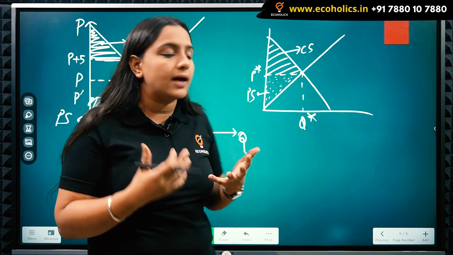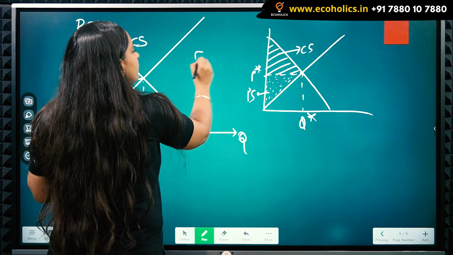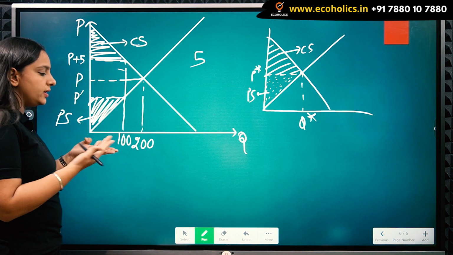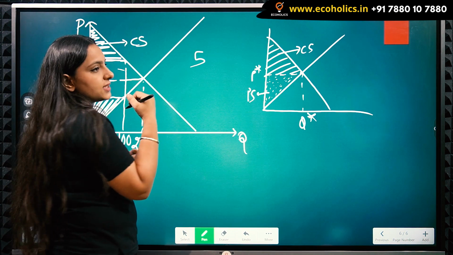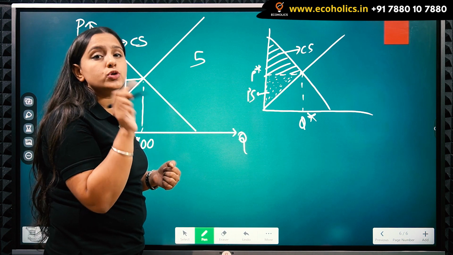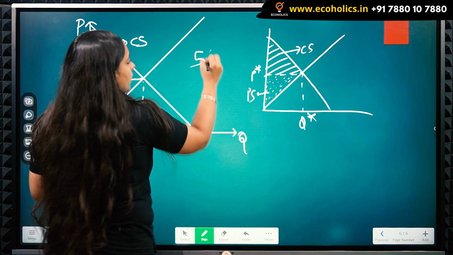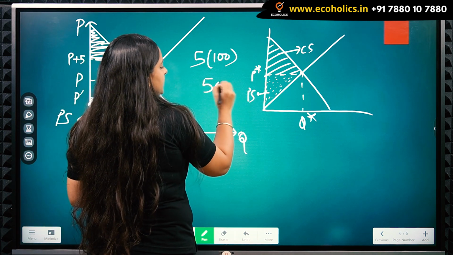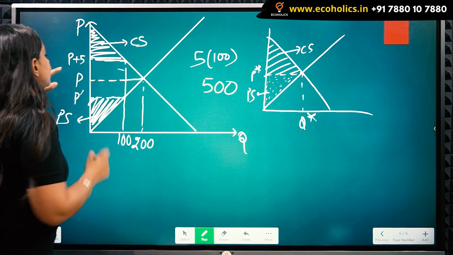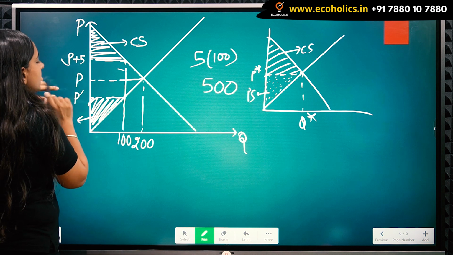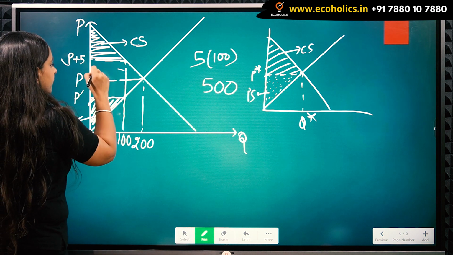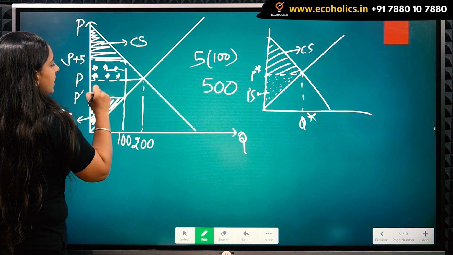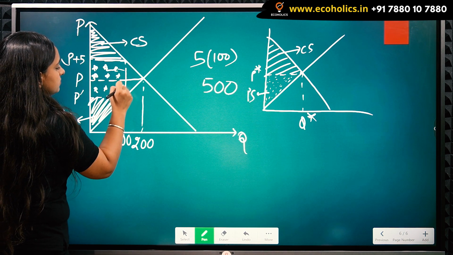The tax rate is 5 per unit, and the new quantity demanded in the economy is 100 units. So the tax will be imposed on 100 units because that's the new quantity. So what is the tax amount? 500 rupees. So if I draw stars in between, the difference between what these people are paying, and these vertical lines, this area is the tax collection.